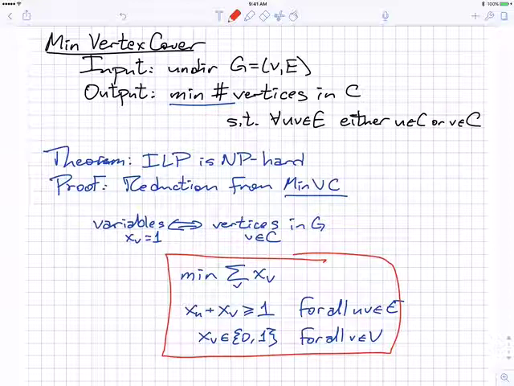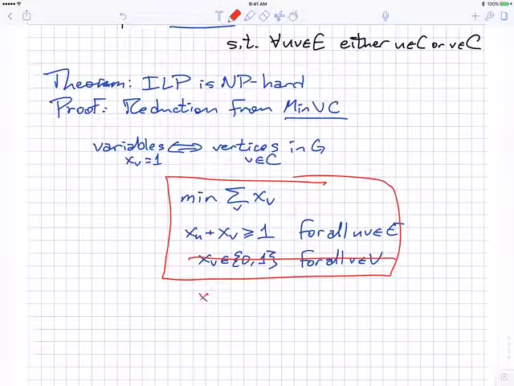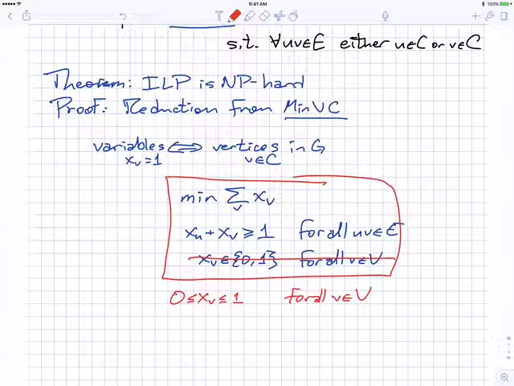Okay. So again, there's something interesting that happens if I relax this to a linear program. The linear relaxation, instead of saying every xv is either 0 or 1, the natural thing to do is to say every xv is between 0 and 1.